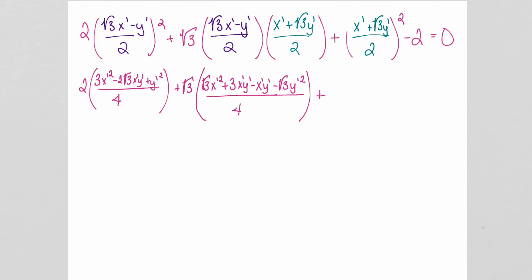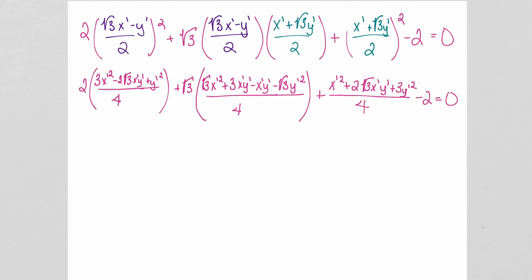And then same thing over here. We need to square our x prime plus root 3 y prime. And on the bottom we'd have 4. So that gives us x prime squared plus 2 root 3 x prime y prime plus 3 y prime squared.